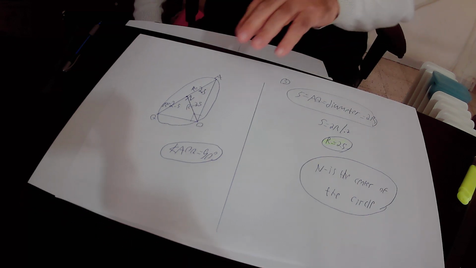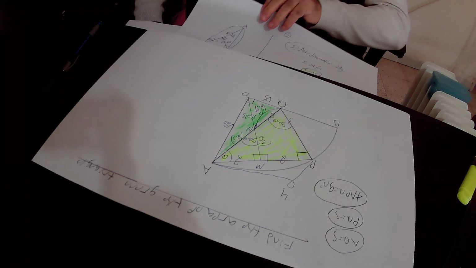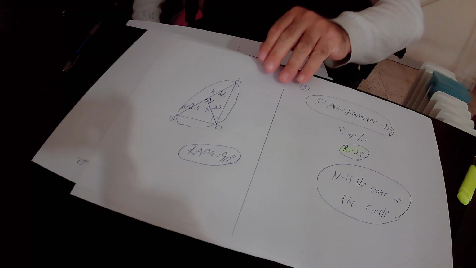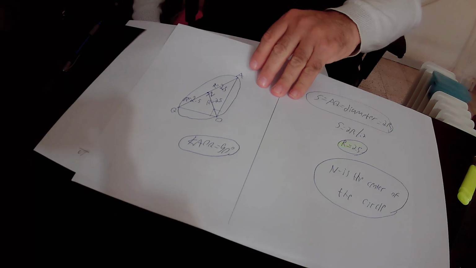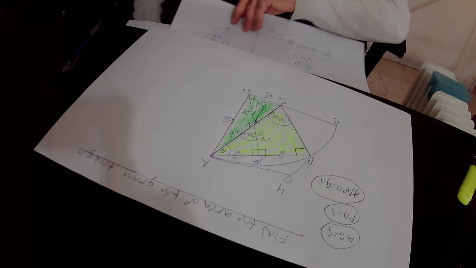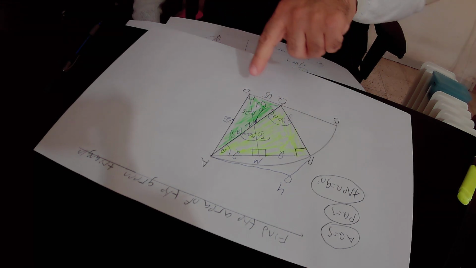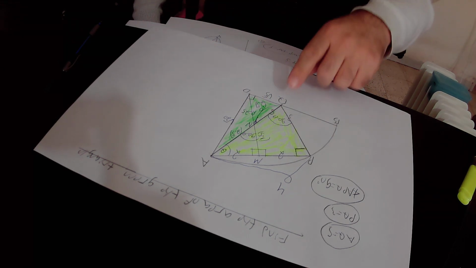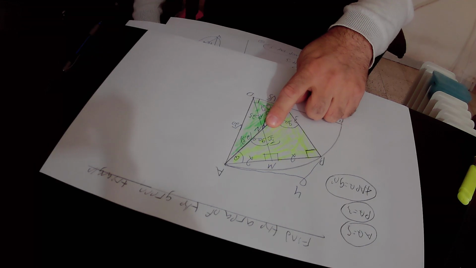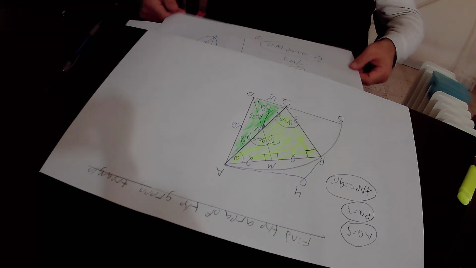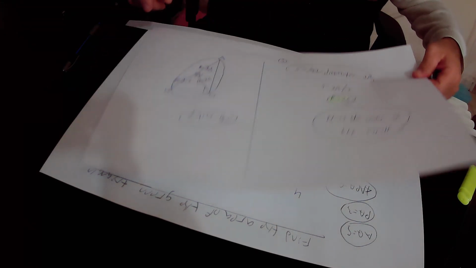This is the right triangle AQ that I copied from the original drawing. I copied point N to the same triangle here.